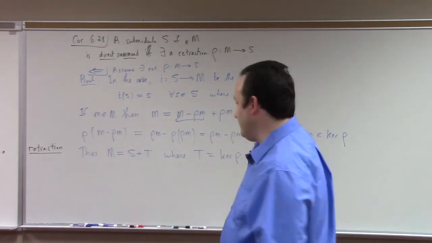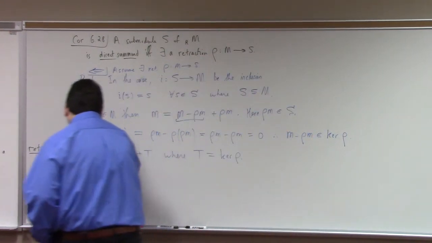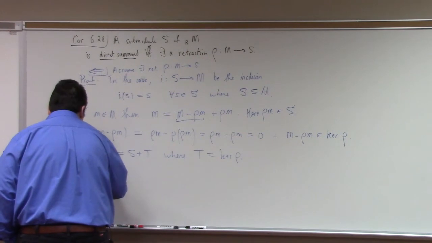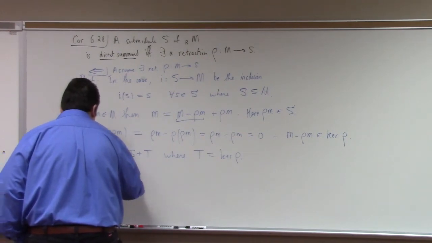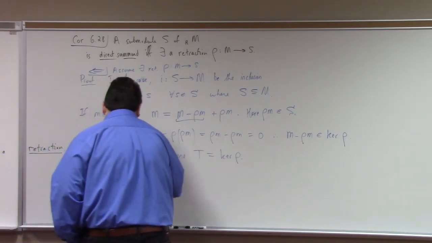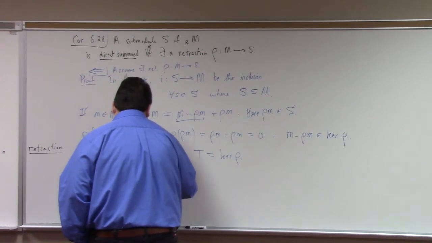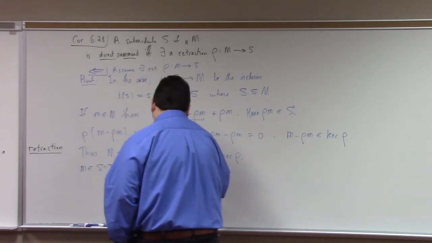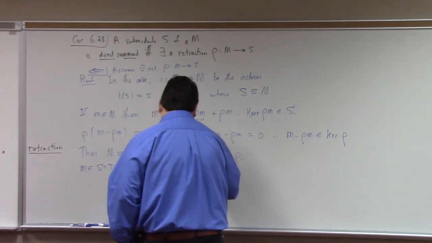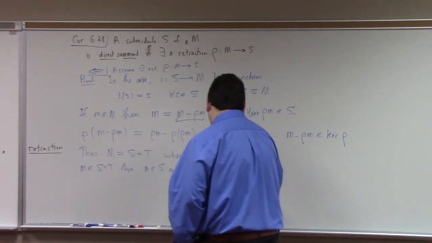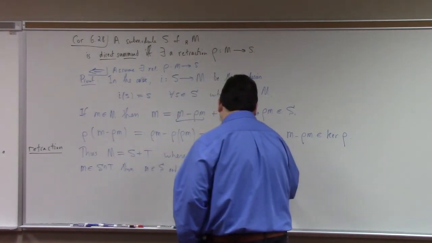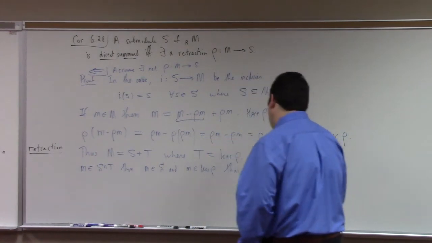It has to be 0 because rho maps everything in S to itself, so the only thing in S it can map to 0 is 0.